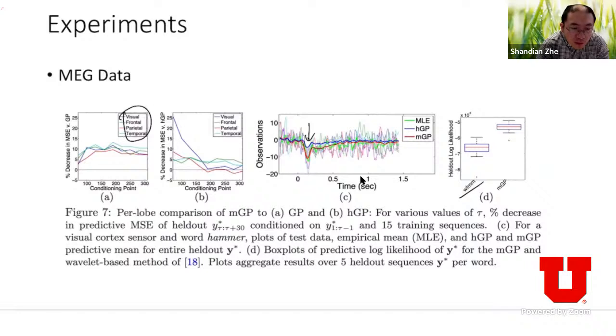Yes, if you look at figure B, for Gaussian process, it looks like the more data points you have, the better improvement you get in MSE. These are all their results.